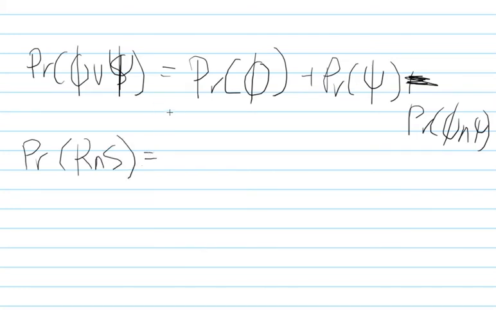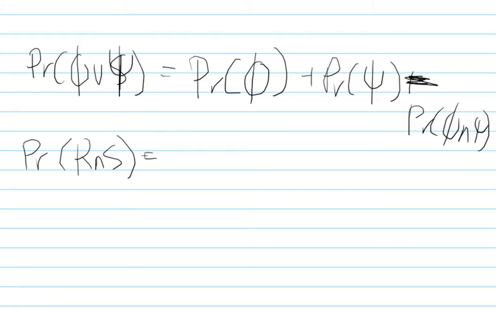But in the question, what we're given is the probability of R, the probability of S, and also the probability of R or S. So what we can do is we just flip things around in this formula to solve for this final term, right? So we basically take this formula and apply it where phi is R and psi is S. And then what we do is we add the probability of R and S to both sides, and then subtract the probability of R or S from both sides.